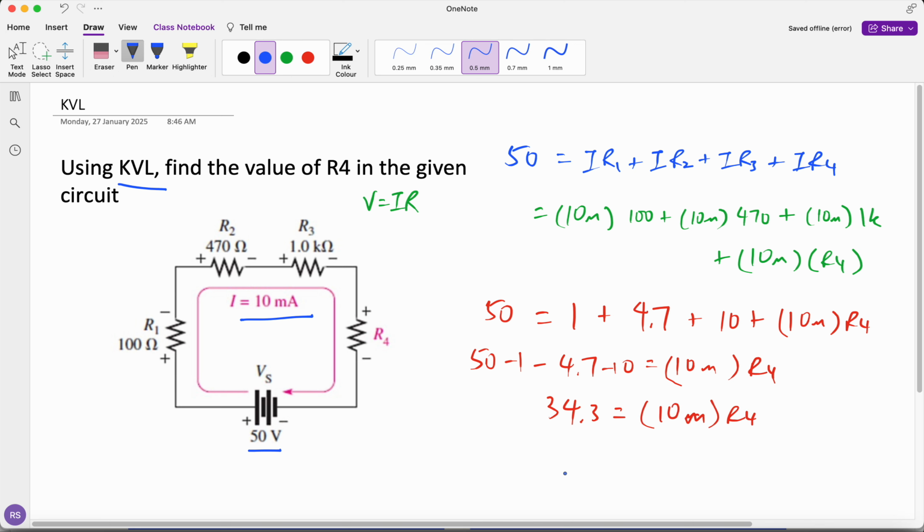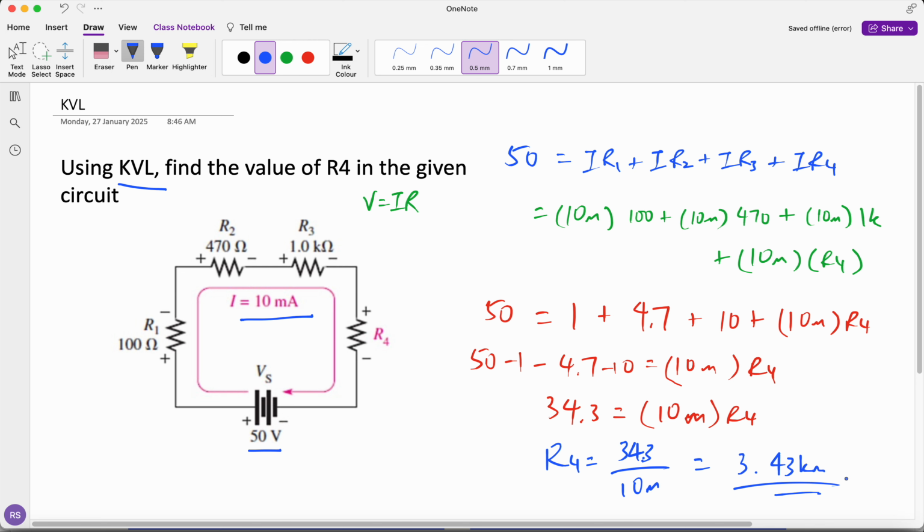So if I solve for R4, I will get 34.3 over 10 milli, and that will be equal to 3.43 kilo ohms. So that is the value for R4, which we have solved using the KVL approach.